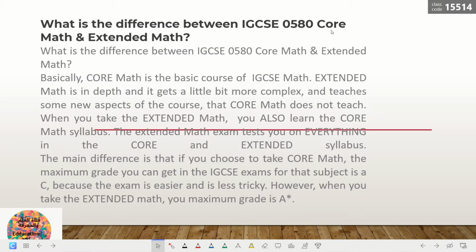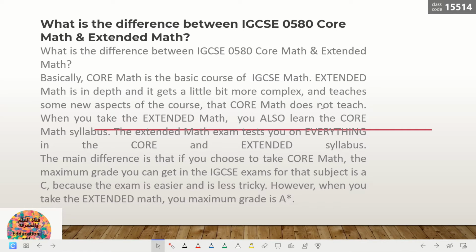Now, what is the difference between the IGCSE 0580 core math and extended math? We have two parts, core math and extended math. Basically, core math is the basic course of IGCSE math, but the extended is more in depth, more complicated, and teaches some new aspects of the course.